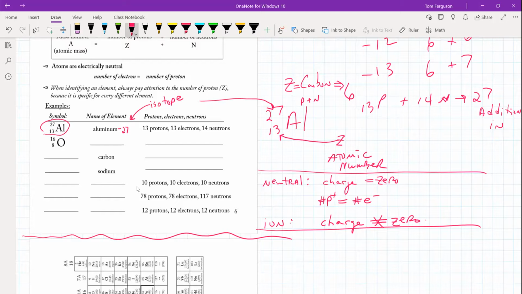So I have to tell you if it's neutral or an ion for you to figure out the number of electrons. And if I don't tell you, we're going to assume it's neutral. I'll try to always say whether it's neutral or whatever, but if I don't say it, assume it's neutral. Does that make sense on the electron number?